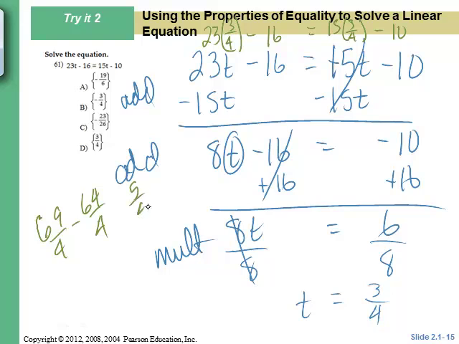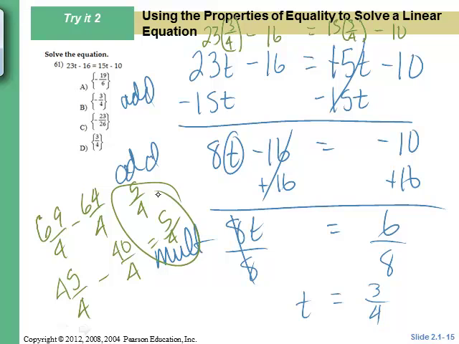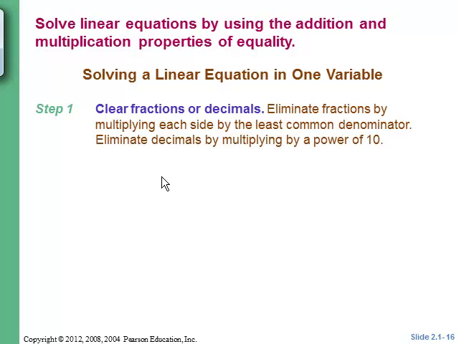That's 5/4. 15 times 3/4 is 45/4 minus 40/4 is 5/4, and so I get 5/4 equal to 5/4. My answer is t equals 3/4.